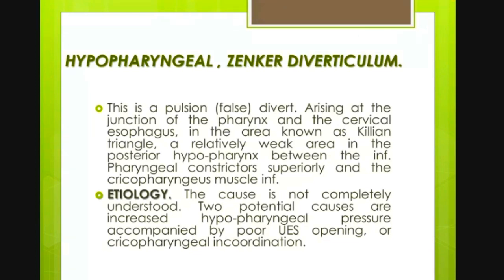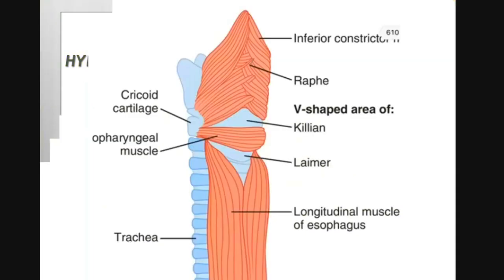Either the pressure is high in this area with obstruction, leading to the pouch and pulsion of this part of the esophagus, or incoordination of the movement of the cricopharyngeal muscles leads to the false pouch appearance. This is what you call a Zenker.